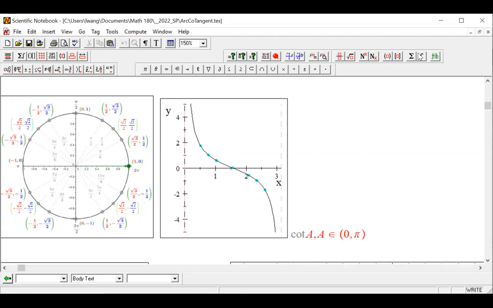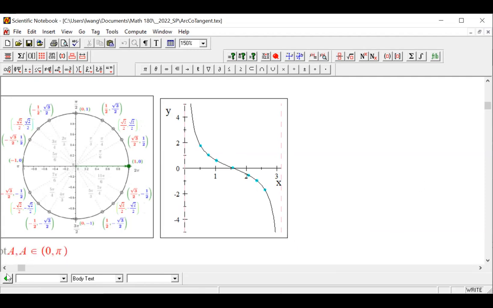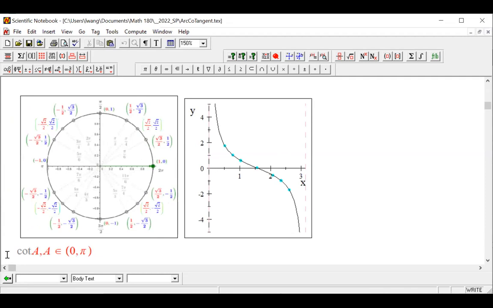So this function has an inverse. We can give it a name if you want, but we don't have to. We just say cotangent on the interval 0 to pi exclusive, meaning it does not include 0 and does not include pi.